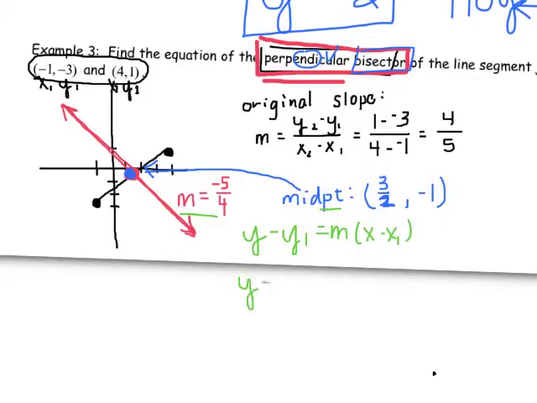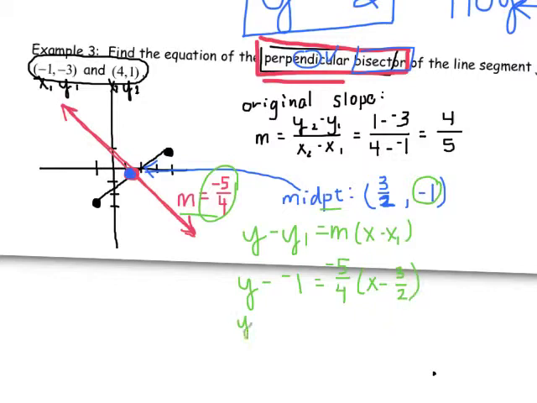Remember, y1 and x1 are the point that you want to pass through. Don't use the points over here because that was for the original line. We want this point right here, 3/2, negative 1. So y minus negative 1 equals m, negative 5 over 4, times x minus 3/2.